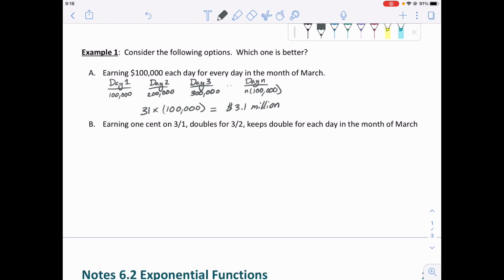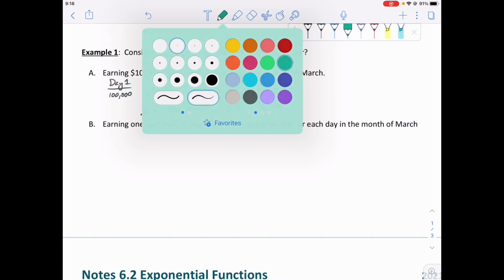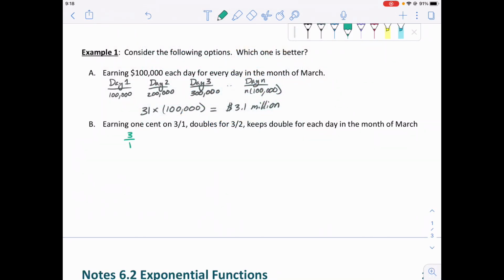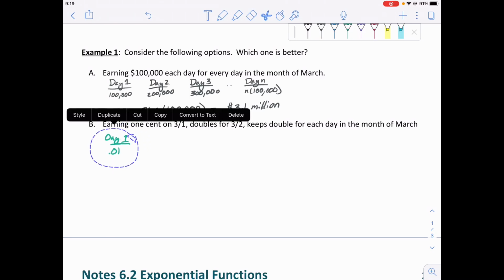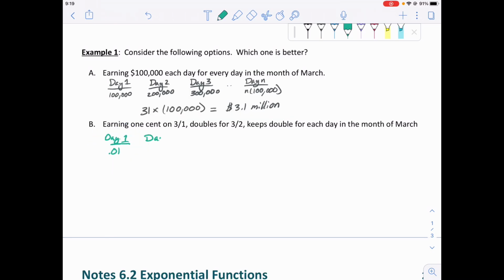What about option B? Earning 1 cent on the 1st of March. So on March 1st, you get 1 cent, or $0.01. This is day 1, so it matches what we had above. On day 2, that's going to double, so we multiply that times 2.